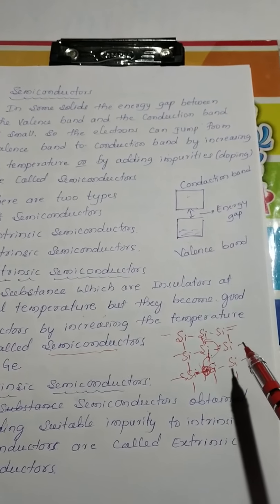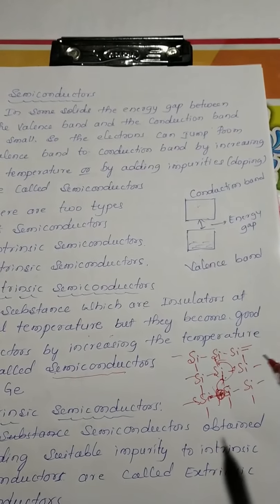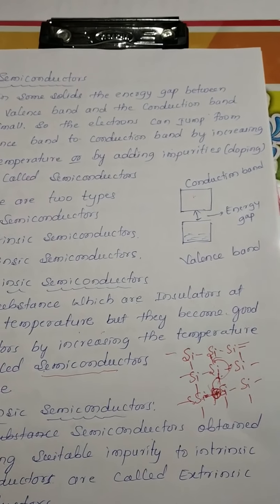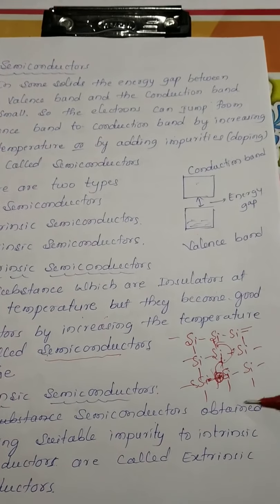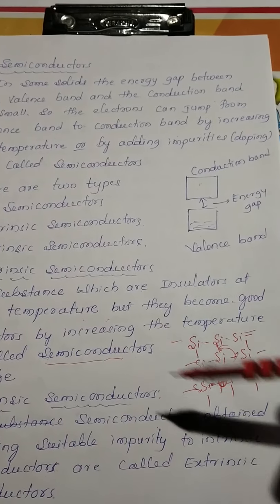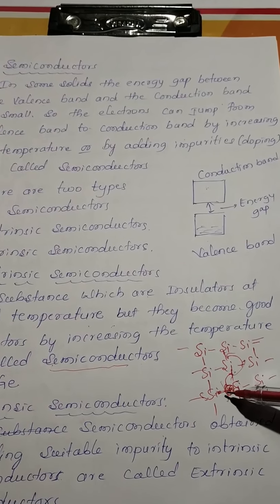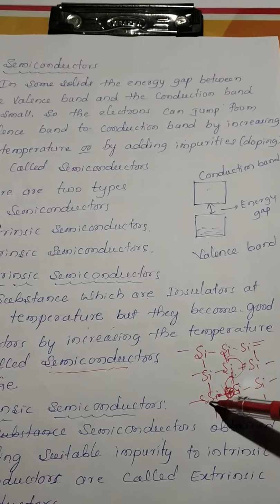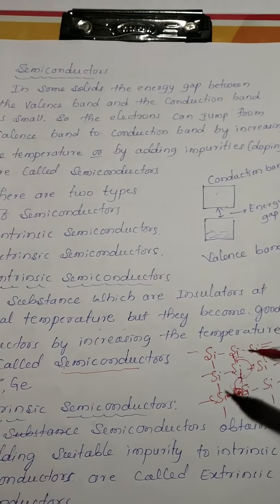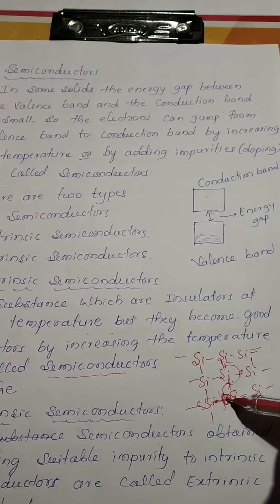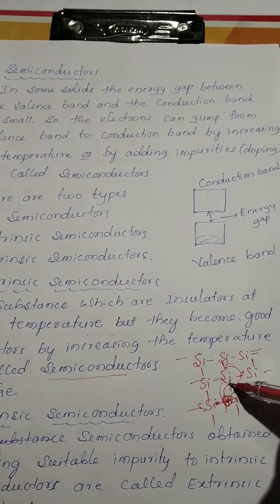Here we are not going to add any impurities. Only a pure silicon crystal is there. We just increase the temperature of this crystal. As the temperature increases, what happens here? The bonds between the silicon atoms break, and free electrons move from this position to this position.